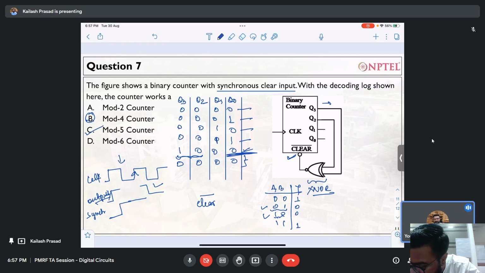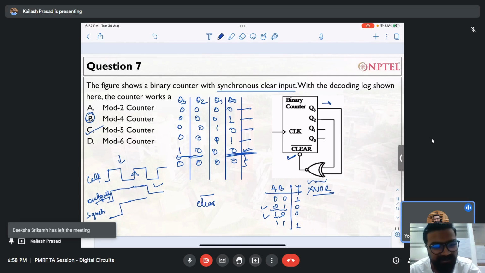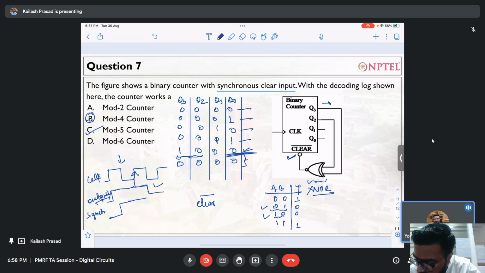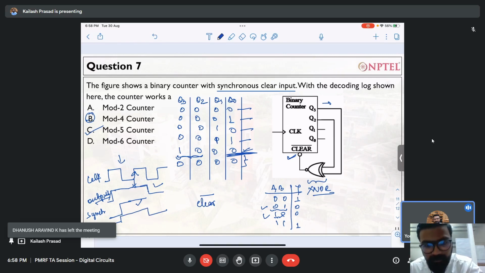Let me say that it is remaining 1 for this many cycles, something like this is the output. As soon as you arrive at this clock, you see that synchronous clear is high, so the output will be like this. So that's how the synchronous clear works. It is synchronized with the clock signal.